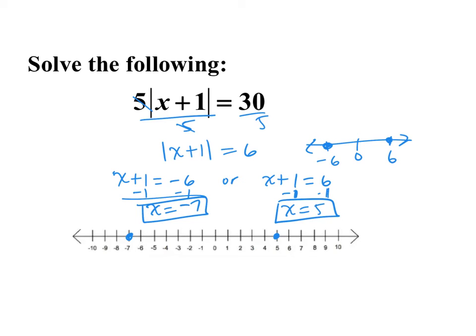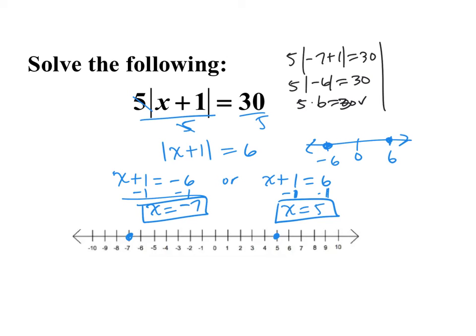So I'm going to go back to the original equation and work it two times. I'm going to first put in a negative 7 for x. So we would get 5 times the absolute value of negative 6 equals 30. The absolute value of negative 6 is 6, so 5 times 6 equals 30. So we can see that the solution of negative 7 worked.